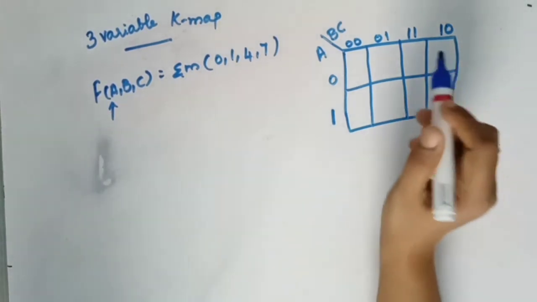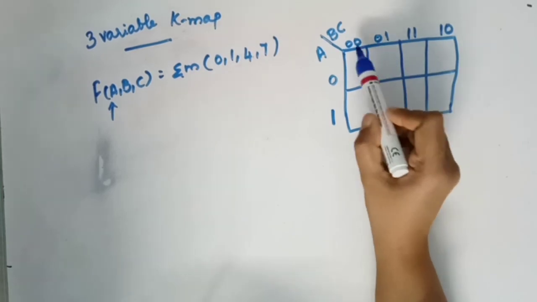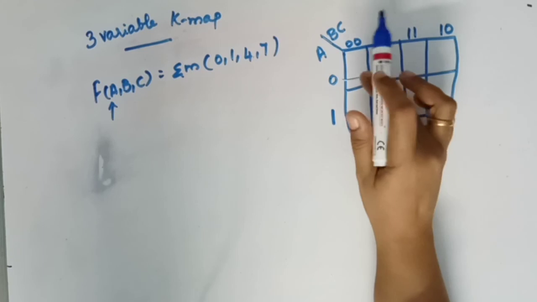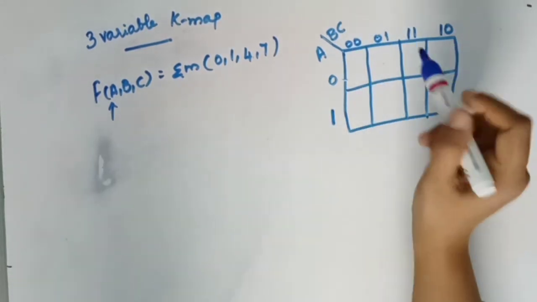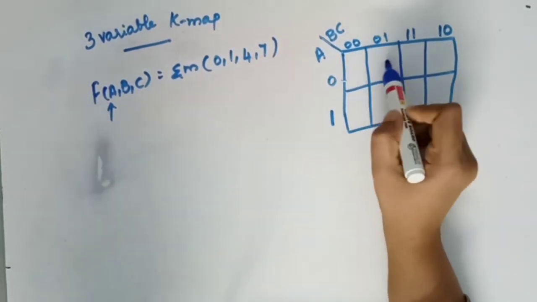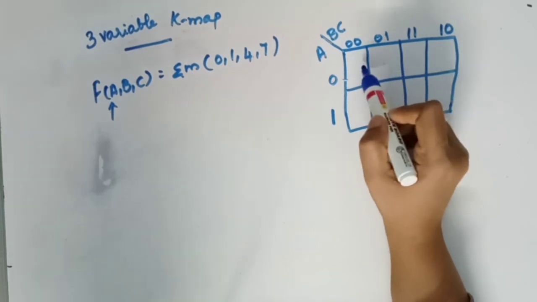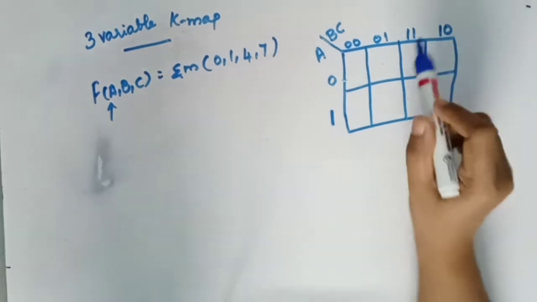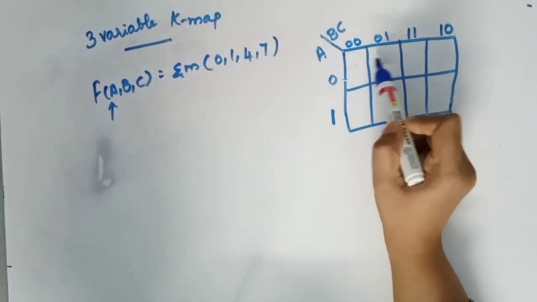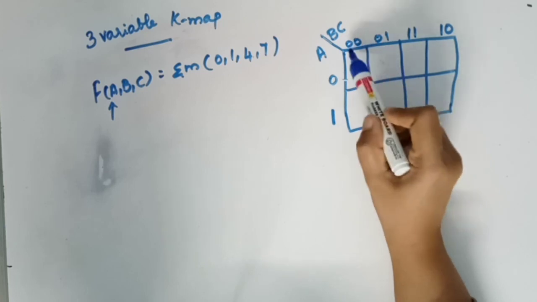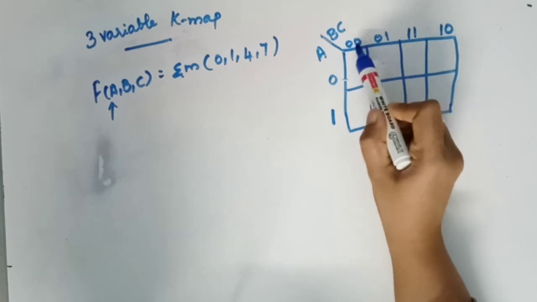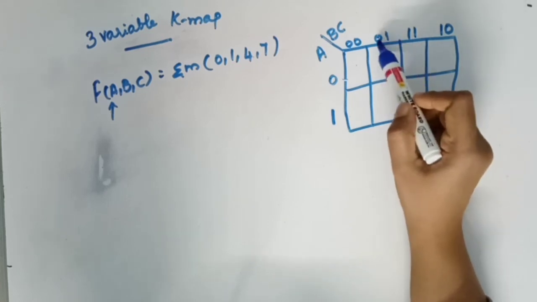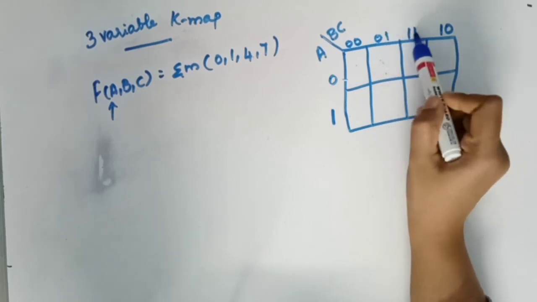So why we are writing like that is, say, if you have two ones here and you group them, between the adjacent cells there should be only one variable change. What does that mean? If you take these two cells, B remains the same, C is changing. If you take these two cells, B is different but C is the same.